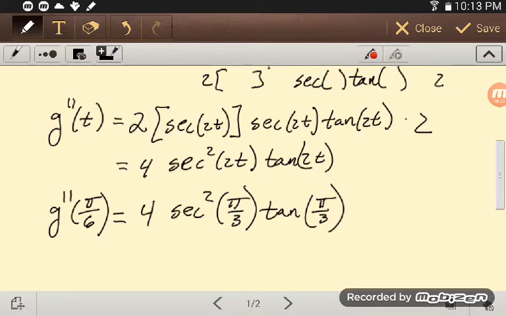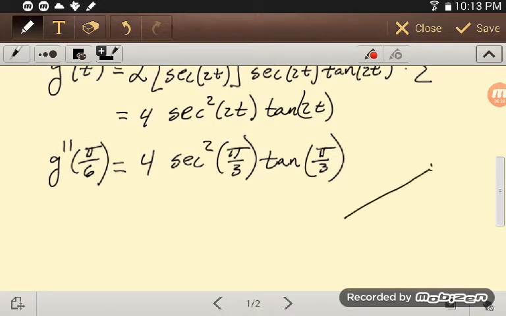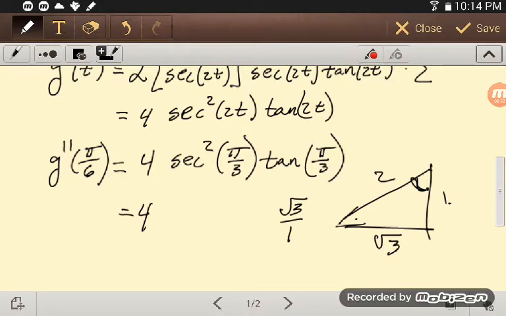Well, for me, I have to draw my reference triangle, and I usually draw it this way, a 1, 2, square root of 3 triangle, and the pi over 3 angle's actually up here when I draw it this way. This is the pi over 6 angle down here. So tangent of pi over 3 is the square root of 3 over 1. So this is equal to 4 times square root of 3 over 1 from the tangent.